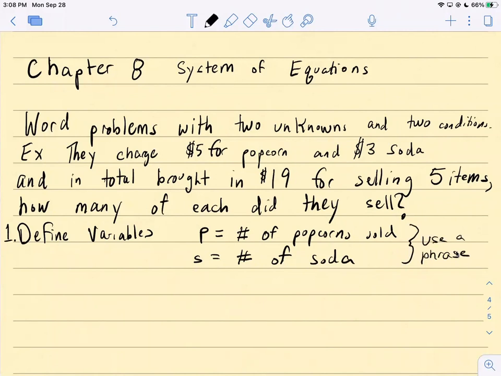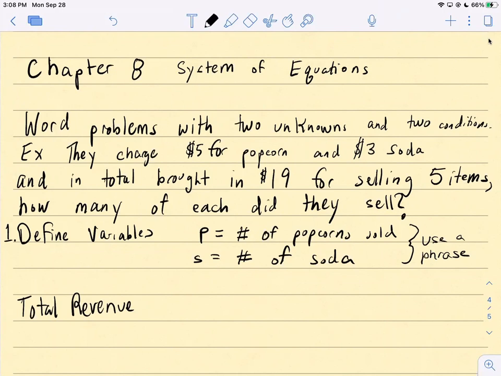Okay, now what are the conditions that we are given? I see Amy, excellent. So Amy wrote that the total amount of money that they got was $19, right? So the total money, the term is total revenue. Revenue is what a business takes in before you take into account the cost.